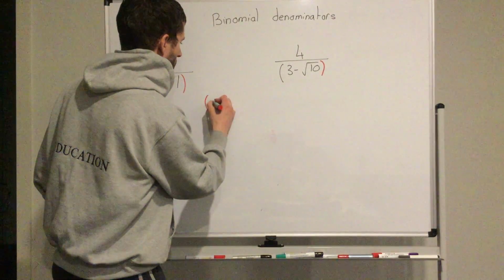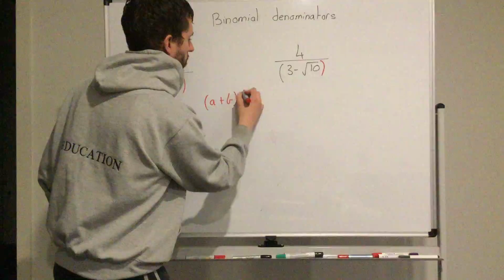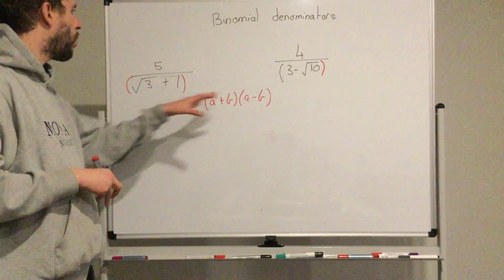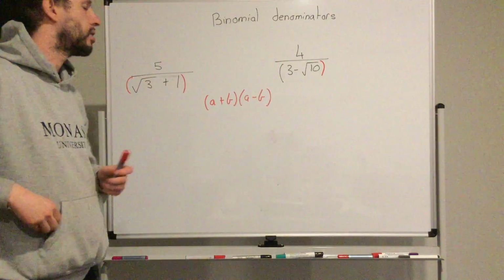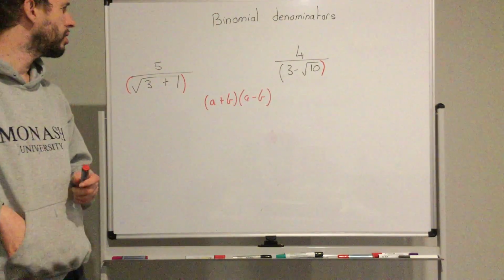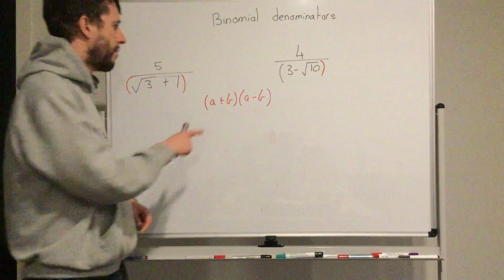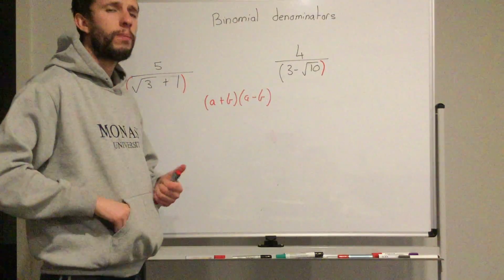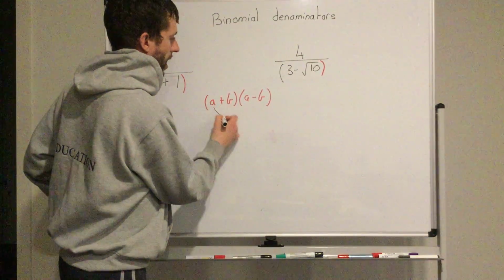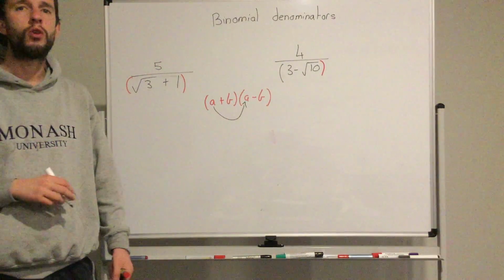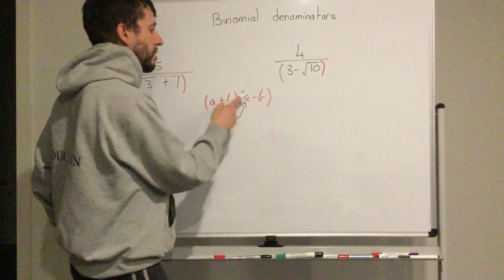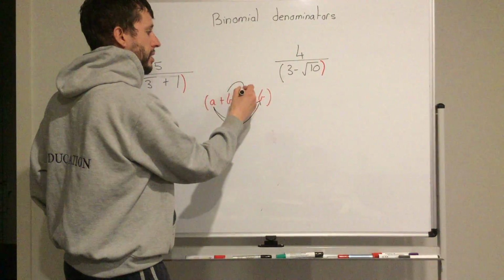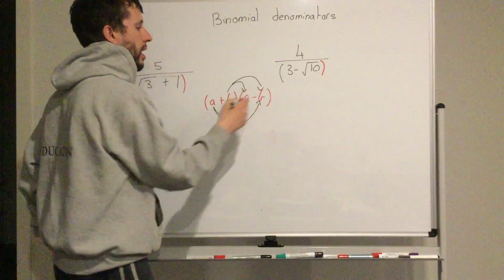I'm going to write it, and then expand it and simplify it so you can see what we can do to get rid of a square root. To start off, think about (a plus b)(a take b). Remember, when we've got brackets, everything in the first bracket is being multiplied by everything in the second bracket. So a times a, a times negative b, b times a and b times negative b.